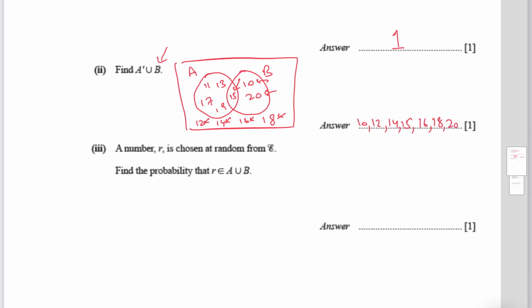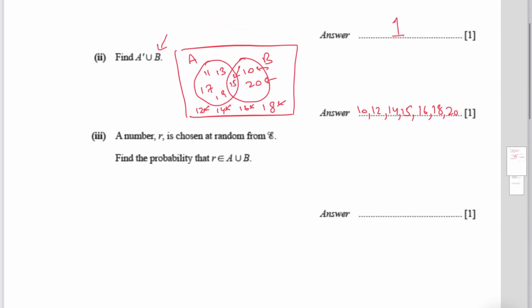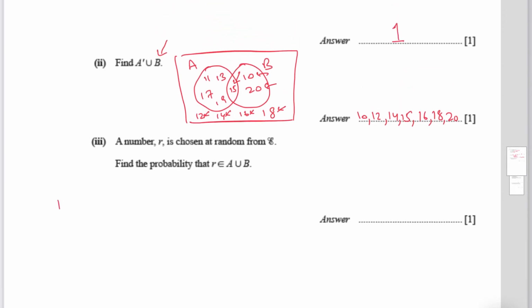Okay, let's move on. A number R is chosen at random from the elements. Find the probability that R is an element of A union B. A union B has 1, 2, 3, 4, 5, 6, 7 elements.